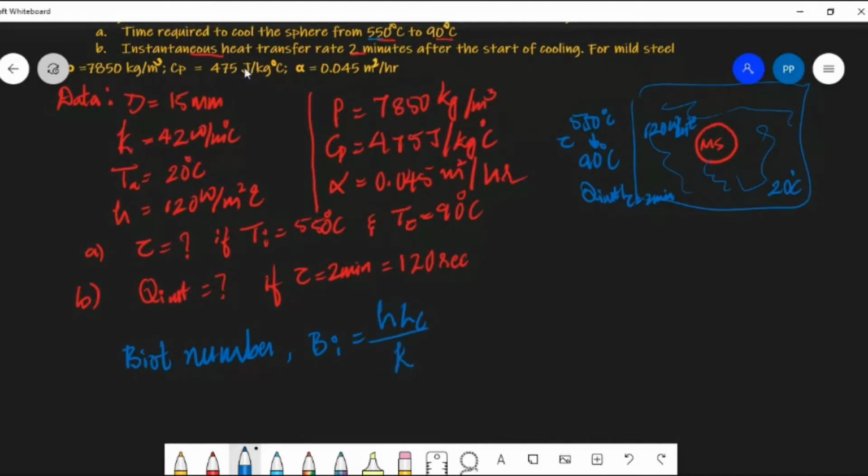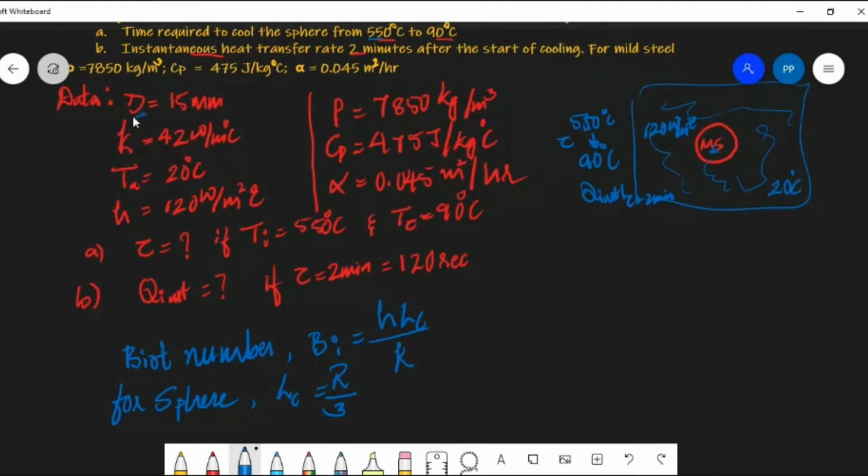And we are dealing with a sphere here, a sphere made up of mild steel. So for a sphere, Lc will be equal to, we know that it is R by 3. For a long cylinder, it is R by 2. For a sphere, it is R by 3. So now we need to find out the radius.